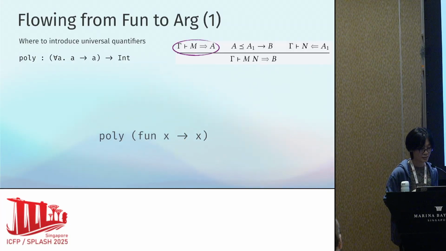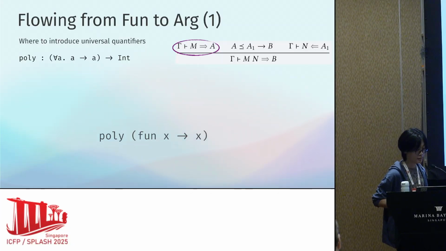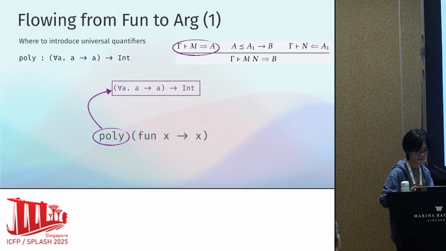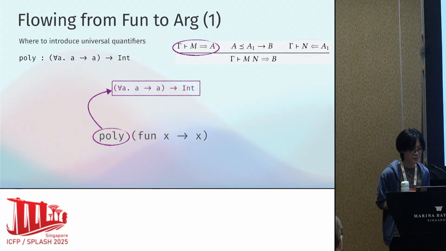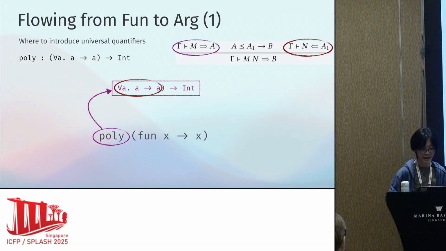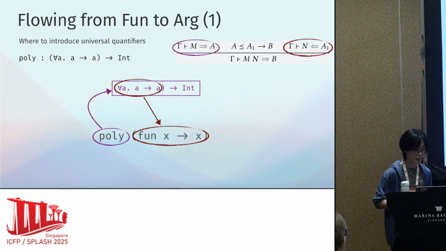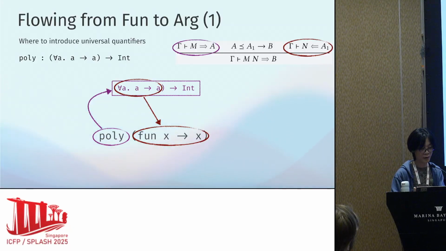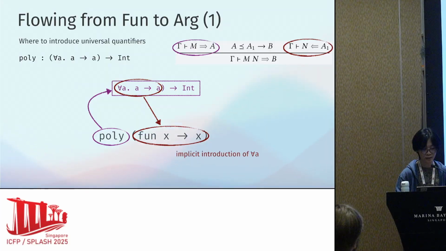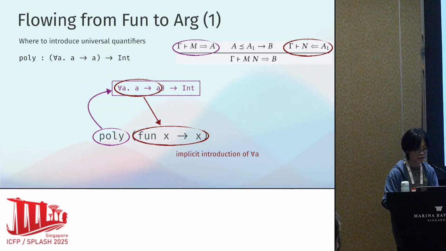First, we infer the type of the function poly, which has this type, and then we use the argument type of poly to type check the argument fun x to x. Because we know fun x to x should have type for all a, a to a, we know that there is an implicit introduction of this quantifier.